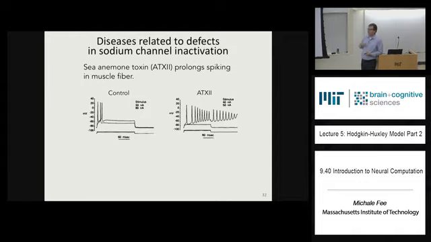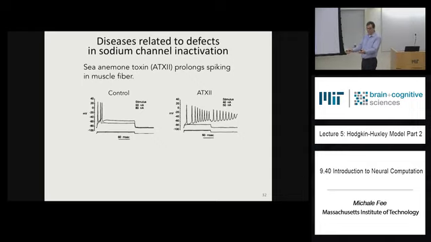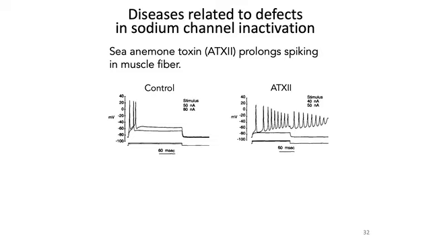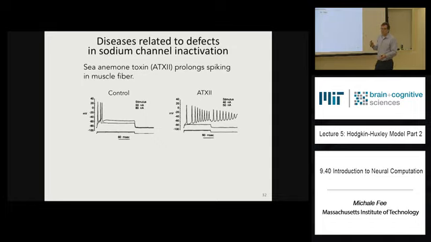That continued spiking corresponds to continued contraction of the muscle. So you can trigger the muscle to generate some action potentials, and in a normal muscle that produces a very brief twitch. But in muscles with a mutated sodium channel, in this case with the toxin, but the same thing happens in muscle fibers with the mutated sodium channel, it produces continued contraction of the muscle.